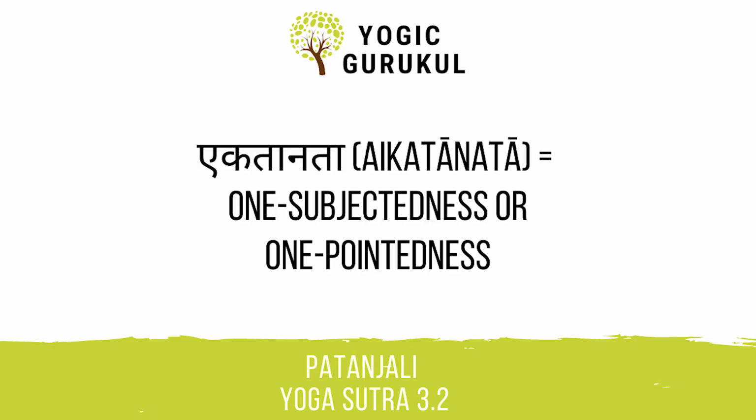And then we come to the next word, which is Ekatanata. Now, eka usually refers to one, and tanata is similar to the tautness or the stretchiness of a particular object. So ekatanata defines one-subjectedness but for a very long period of time.